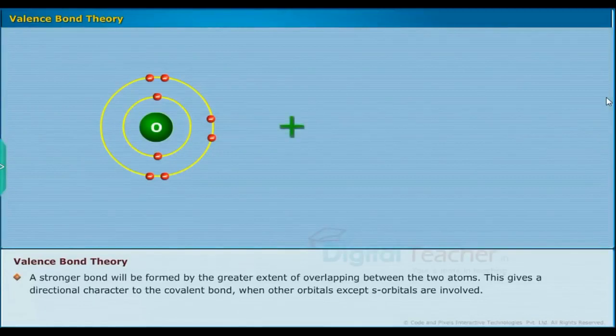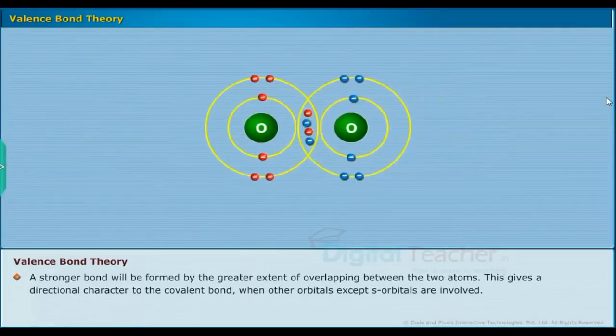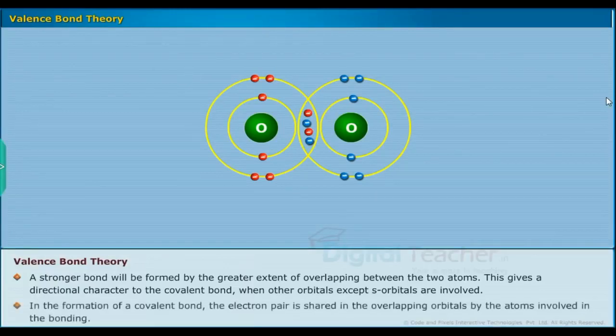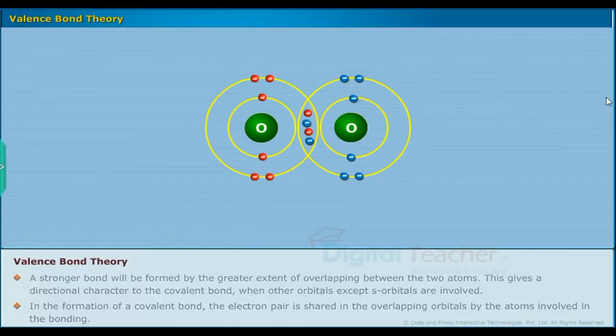A stronger bond will be formed by a greater extent of overlapping between the two atoms. This gives a directional character to the covalent bond when orbitals other than s orbitals are involved. In the formation of a covalent bond, the electron pair is shared in the overlapping orbitals by the atoms involved in the bonding.